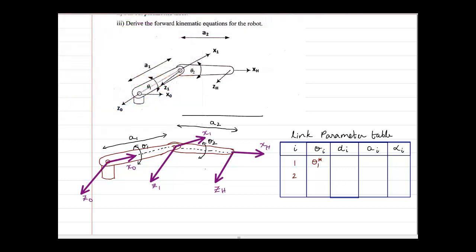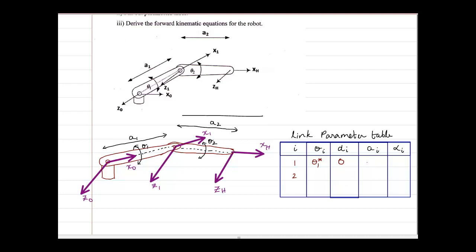Yes, so what is d1? d1 is to make x0 and x1 collinear. They are already collinear, so I don't have any value to be taken, so d1 will be 0.